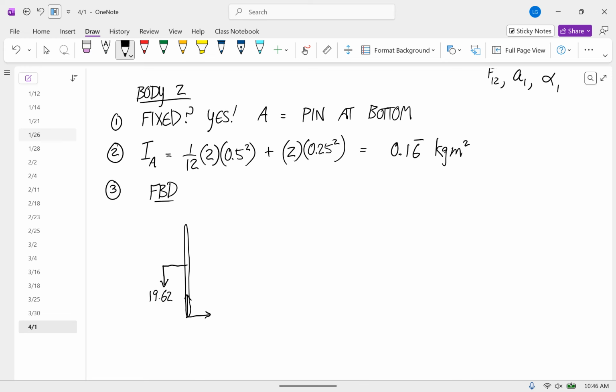And so that's an unknown force vector, and I'm just going to write that as R. That's just the variable name I'm giving that vector. And then up here, we also have a pin joint. And this force on body 2 is the force on 2 by 1. So I'm going to write that as F21.